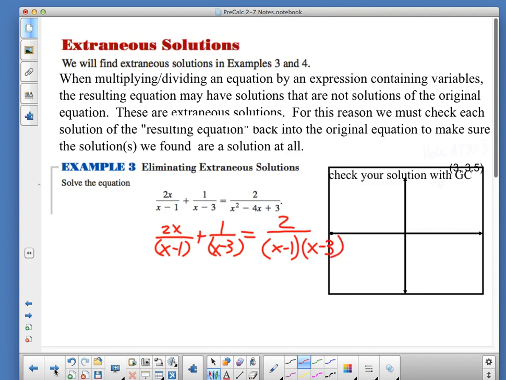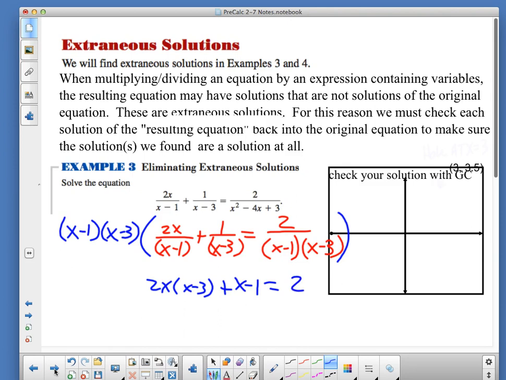Now if I multiply this by the same value, x minus 1, x minus 3, I will get, in my first term, the x minus 1s will knock out, and I got 2x, x minus 3. And my second one, the x minus 3s knock out, I got plus x minus 1. And then the last thing, I've got 2 divided by x minus 1 times x minus 3, so those will be gone, so it'll just equal 2.